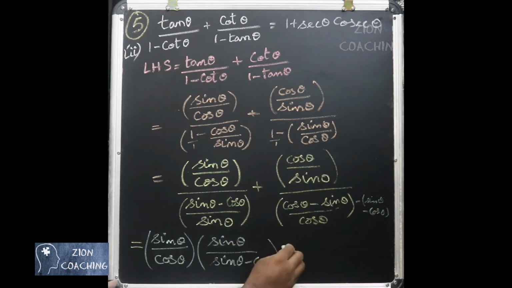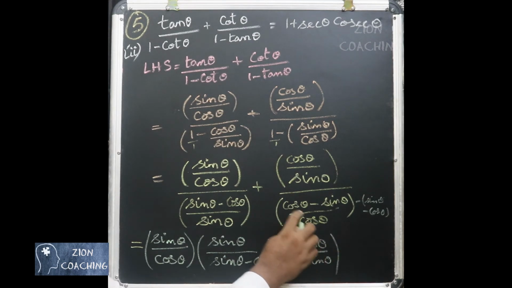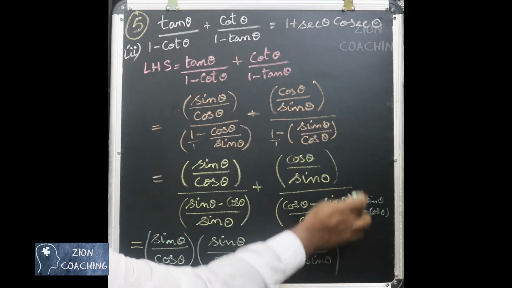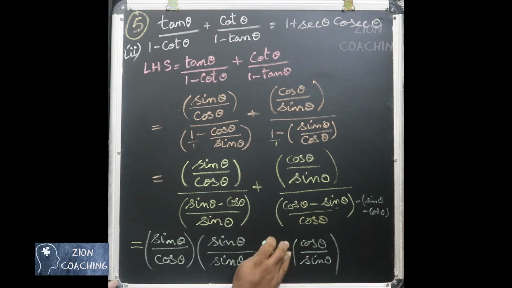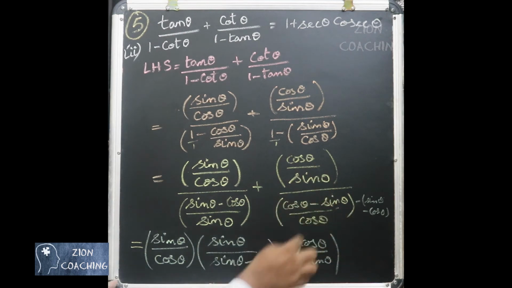First we will write what is there in the numerator. We have cos theta by sin theta. Then since we have a minus symbol here, when I am taking this to the numerator, that minus symbol is going to come here, because plus into minus is going to be minus.